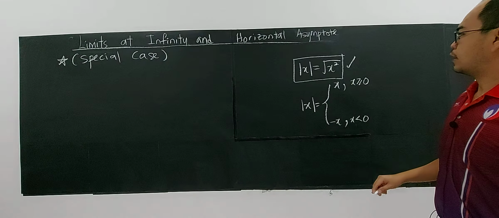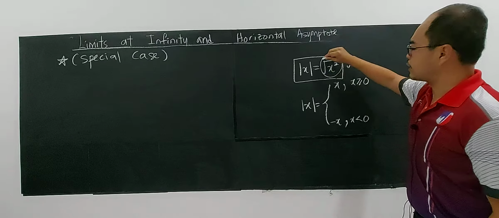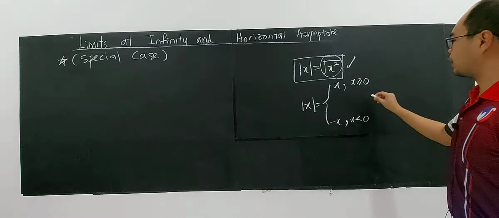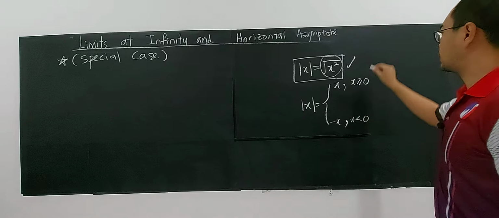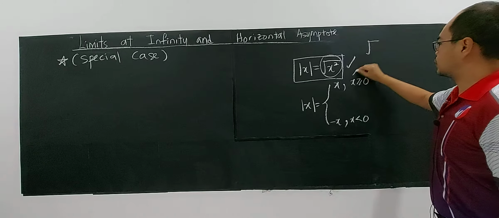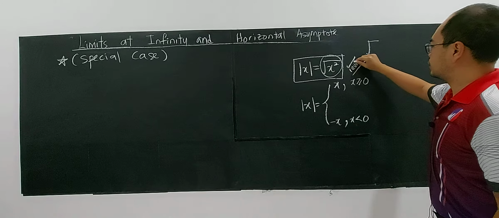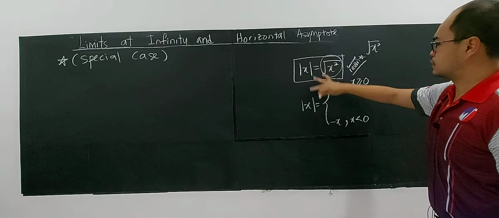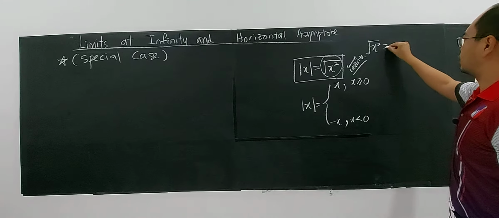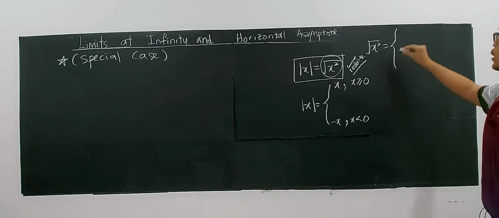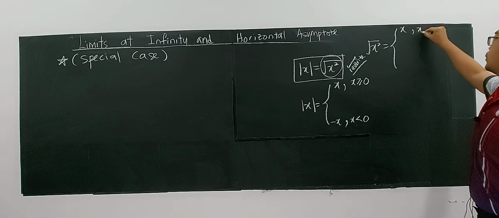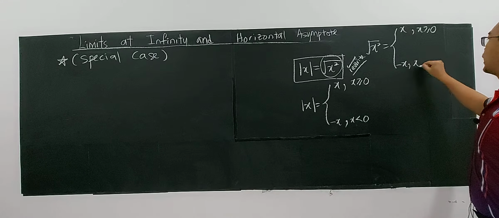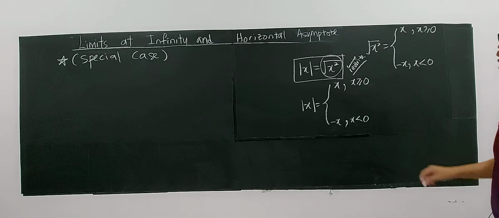And you know that the square root of x squared is actually the modulus of x, right? So the important thing here is that I can rewrite the modulus of x as the same as the square root of x squared, which is also x when x is a positive value, and negative x when x has a negative value, less than 0.